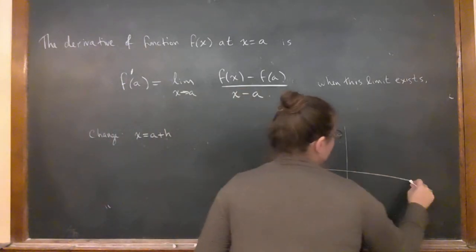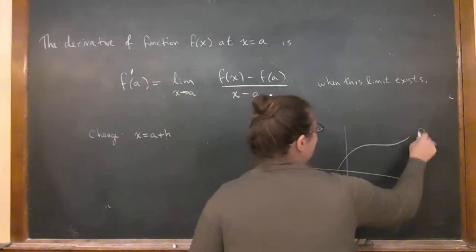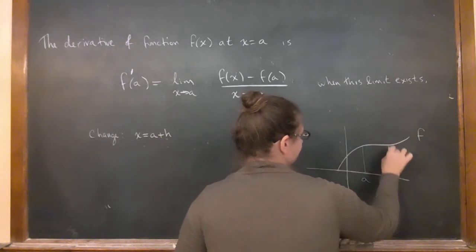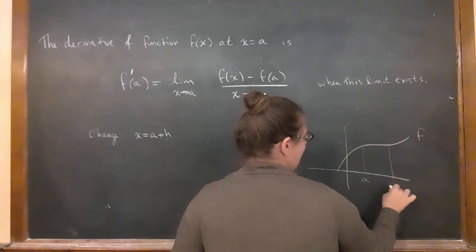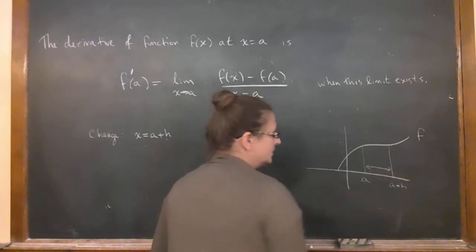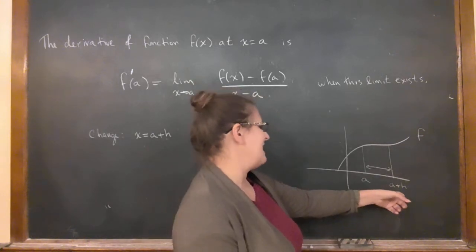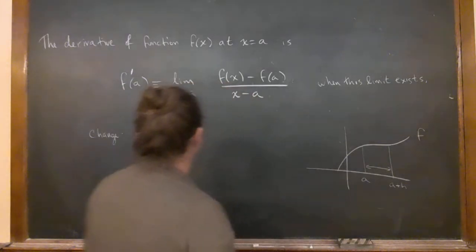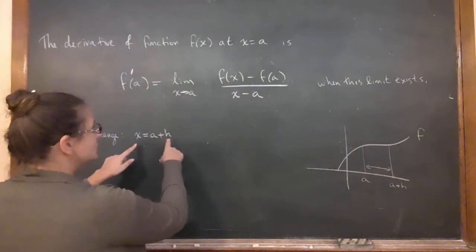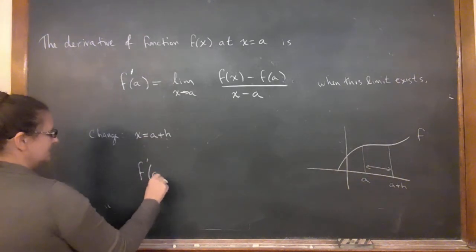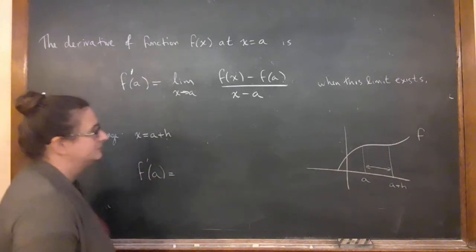The idea being, if I'm looking at my graph, instead of doing a and x, I'm going to do a and a plus h. And then if I let h go to 0, this line goes back to that one. So if I change that, then what I have is this form of the difference quotient.